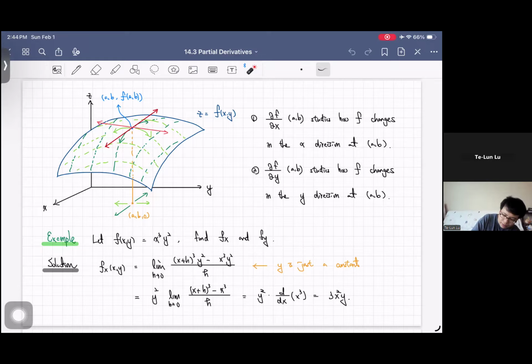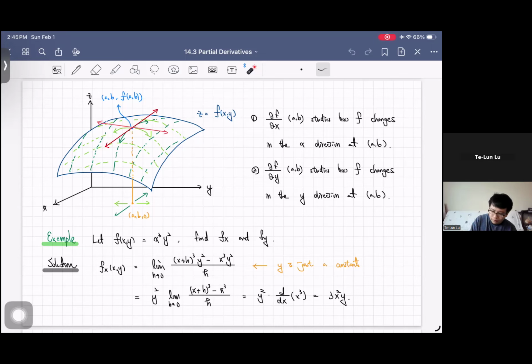So we're actually trying to investigate the behavior of the single path here at the point (a, b, f of (a, b)). Similarly, if you move around the y coordinate, in this case horizontally, then you'll get this kind of behavior, right? So we're investigating how the value of the function changes when you go a little bit around this y direction.